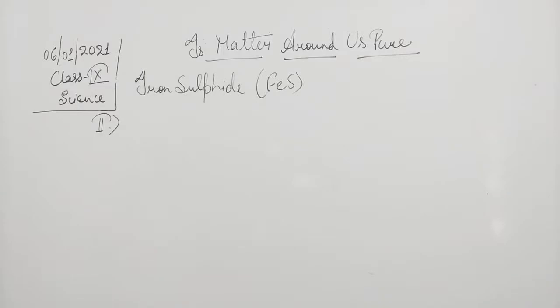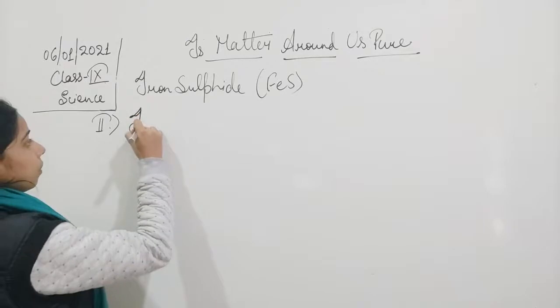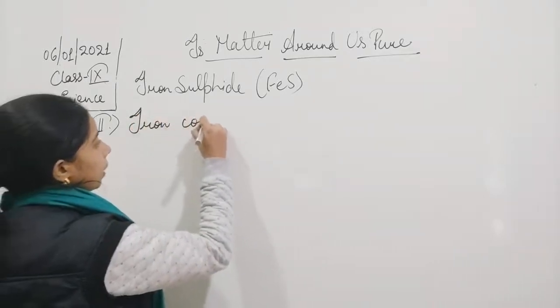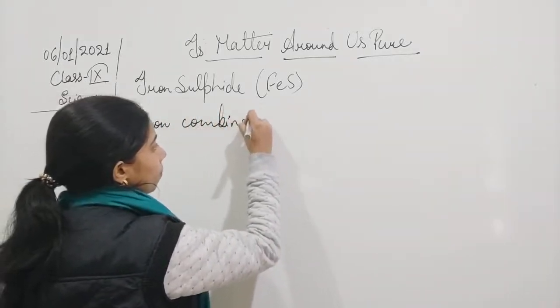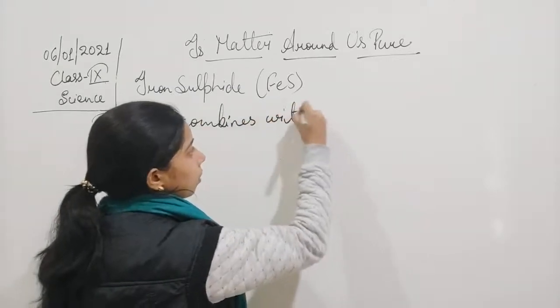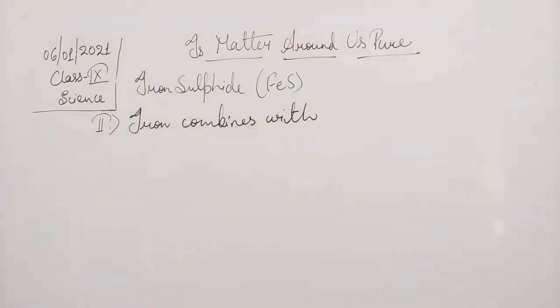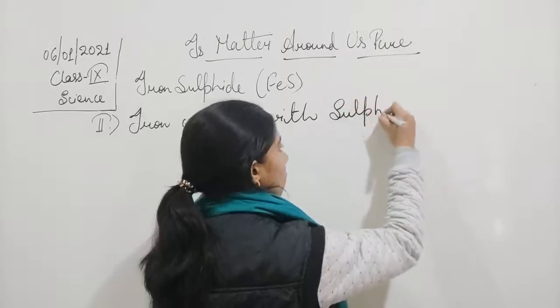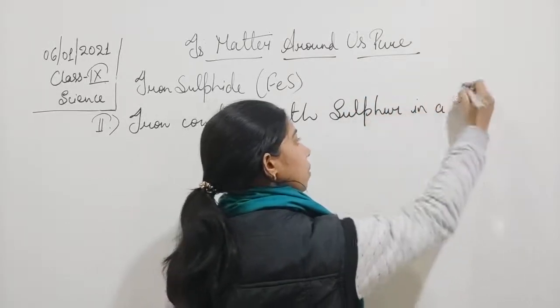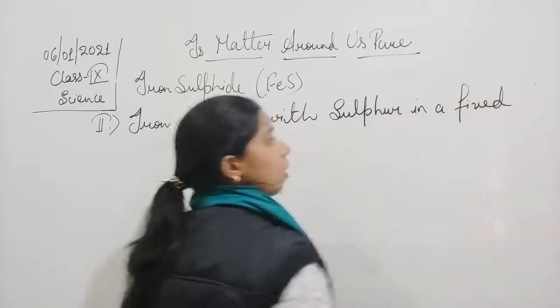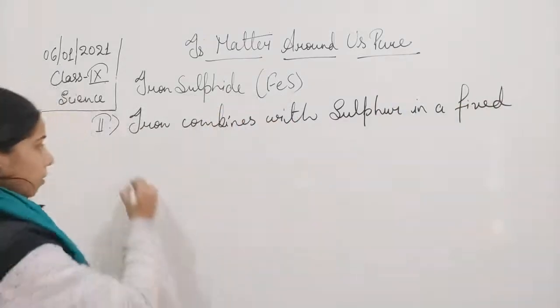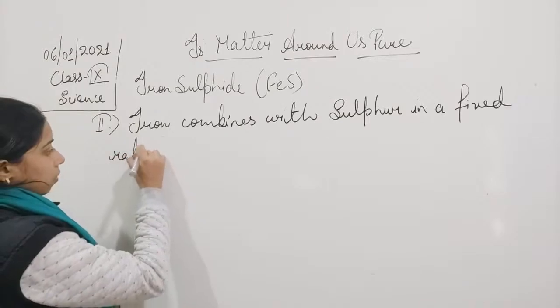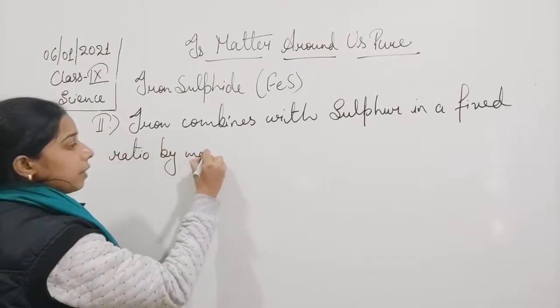Okay, so we can write it. Iron combines with sulfur in a fixed ratio by mass. What does that mean?